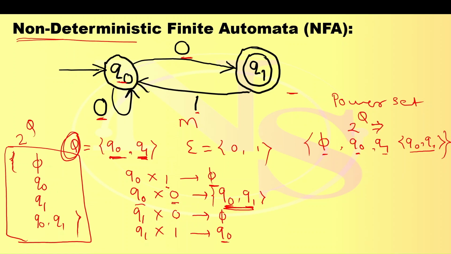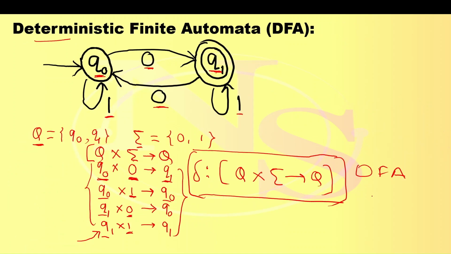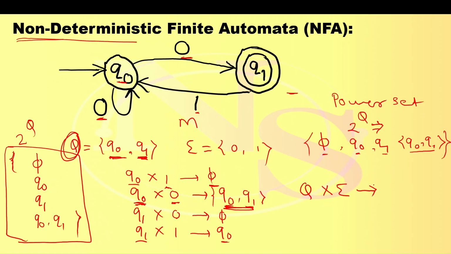Now how can we define this? See, one state reading one symbol. So one state means the set of states, this Q0, Q1, all the set of states. It's reading 0, 1, so it's reading input symbols. Where is it going? In the last definition I told you it's going to only one state in case of DFA, but in case of NFA it's going to more than one state. But where is it restricted? How many states?